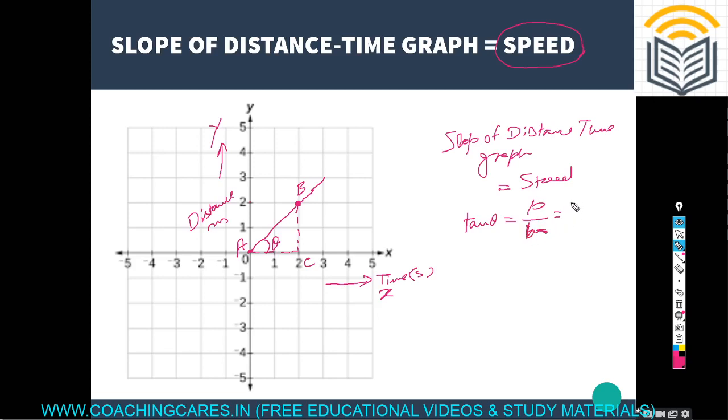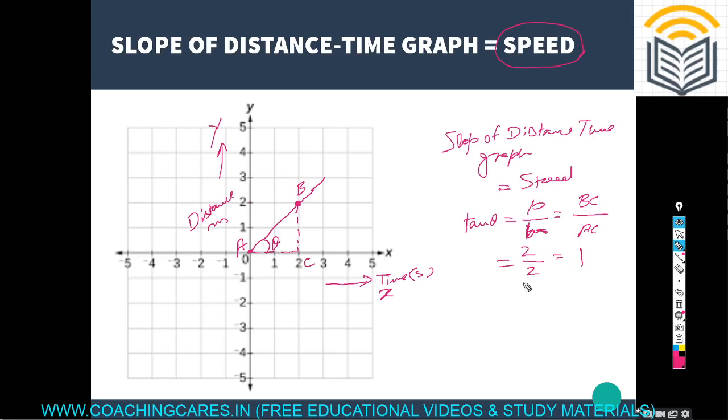So this will be equal to BC, this is the perpendicular, and the base is AC. So again, BC is what? BC is this one, 2. This is on the y-axis, showing distance. So this is 2 divided by AC. AC is nothing but, on the x-axis, showing the time, which is 2. It will become 1.